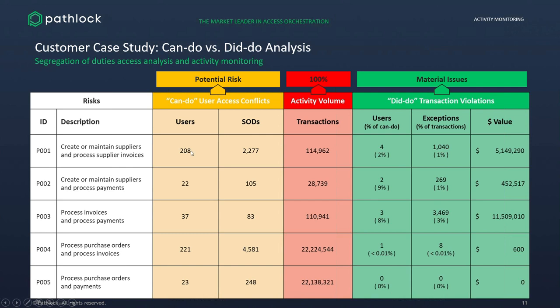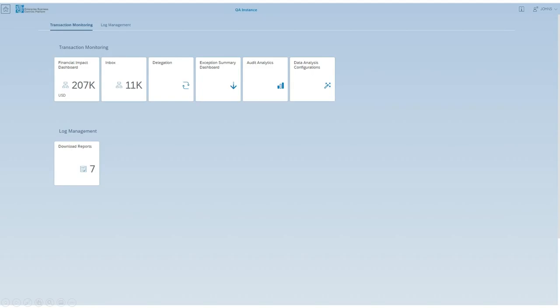I'm going to show you just a few screens so that it sets a clearer picture of what Chris and Rohan are going to talk about. But this is the actual solution. At Chevron, they schedule controls to run on a periodic basis across multiple systems. When they identify a violation, the business owner or risk owner will get a notice in their inbox that they have SODs to be reviewed.